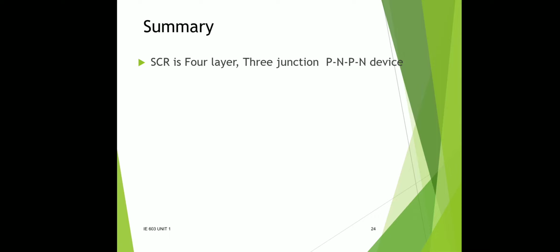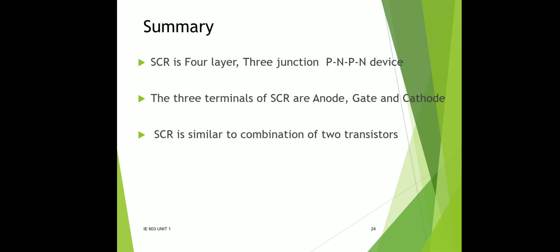In this session we discussed what an SCR is and how the SCR is constructed. What is an SCR? It is a 3 terminal, 4 layer, 3 junction device. Those 3 terminals are anode, cathode and the gate.